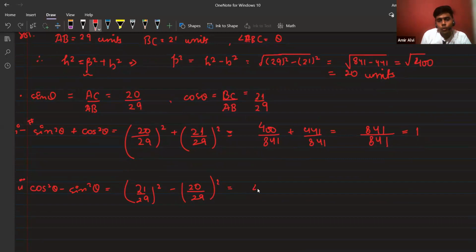This would be 441 divided by 841 minus 400 divided by 841, which will be equal to 41 divided by 841. So now we have calculated the value for this given expression.